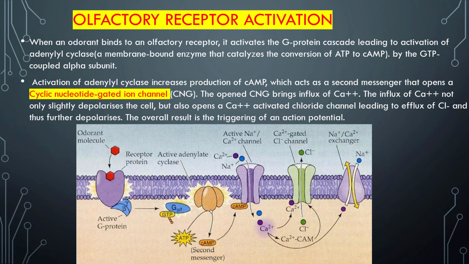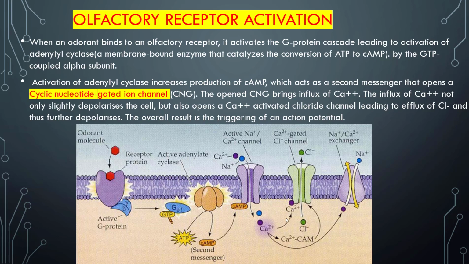When adenyl cyclase is activated, it produces cyclic AMP. Cyclic AMP is a second messenger. The first messenger is the odorant, which attaches to the G protein receptor, and inside the cell, the second messenger is produced. This second messenger acts on the ionic gate, the calcium gate, and opens it, due to which calcium influx occurs from the extracellular space into the intracellular space, and this causes a little depolarization of the membrane potential.